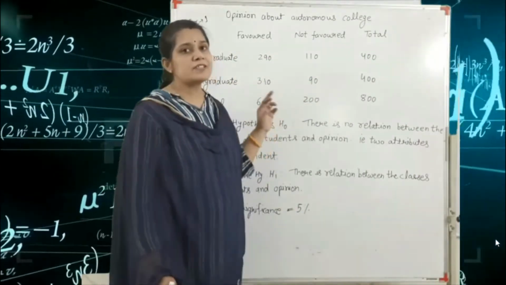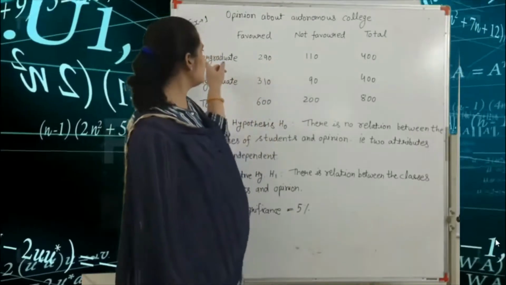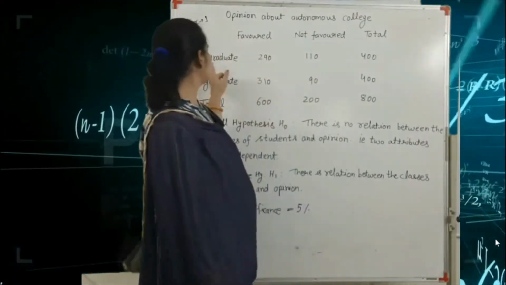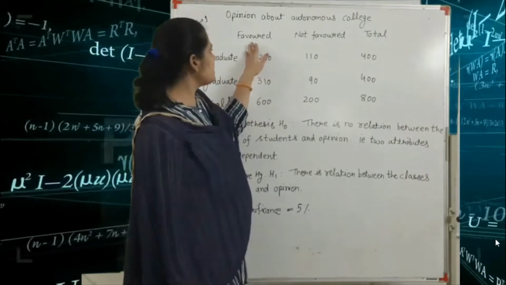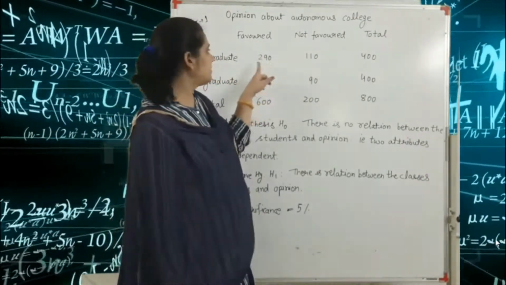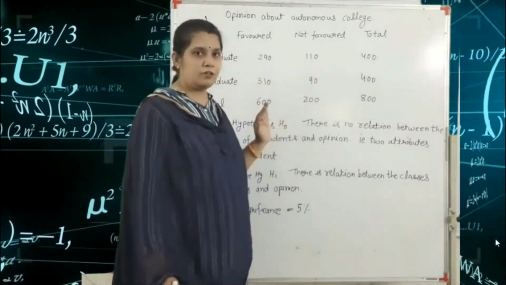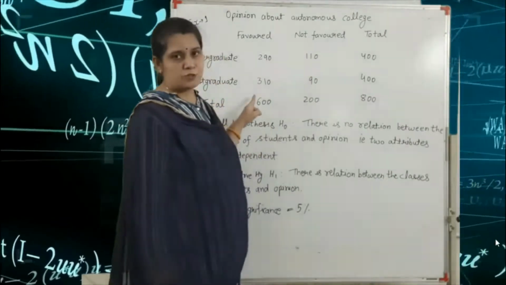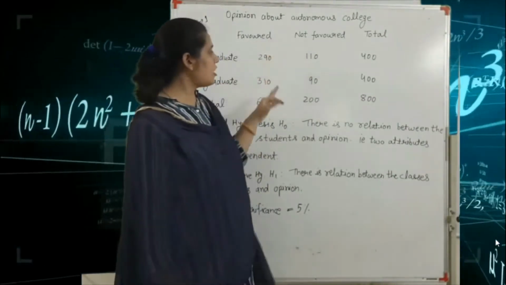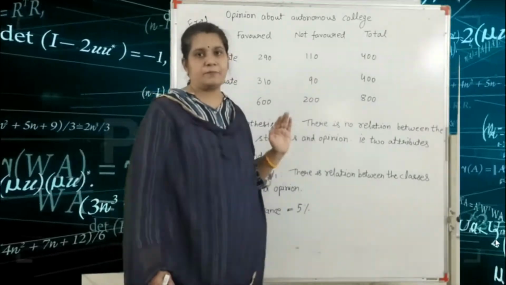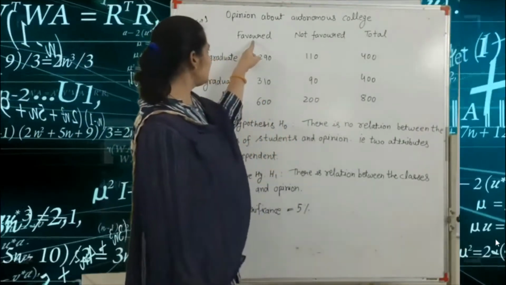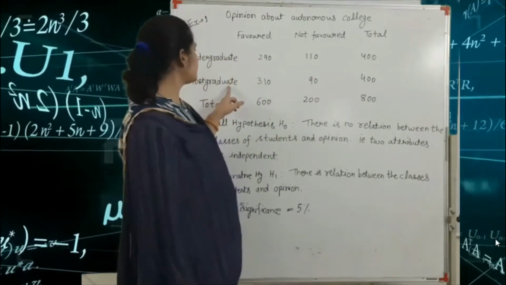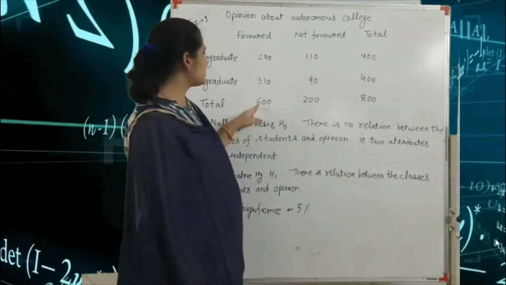Okay, so first we write here the total. The total of undergraduate students, that means favored and not favored, is 400. Postgraduate students favored and not favored is 400. In the favored column, undergraduate and postgraduate total is 600.